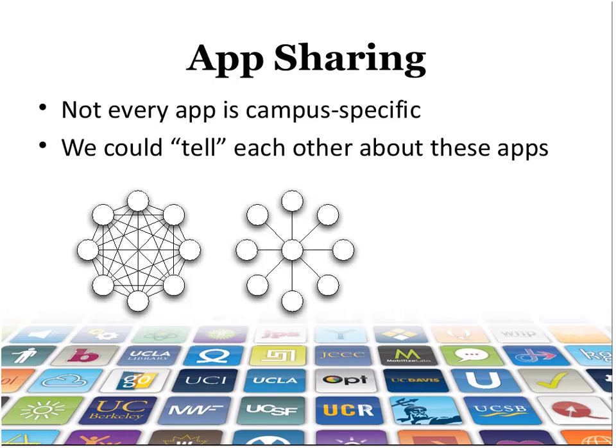Another approach we could have gone with was more of a hub and spoke model. A hub and spoke model would mean that there's some central aggregator that we all agree is the source of information about apps. A central aggregator is somebody like Apple or Google. They maintain one app store that has all the apps that everybody, regardless of their institution, goes to. And this works well in some contexts, but when you start thinking about education, it doesn't work as well.